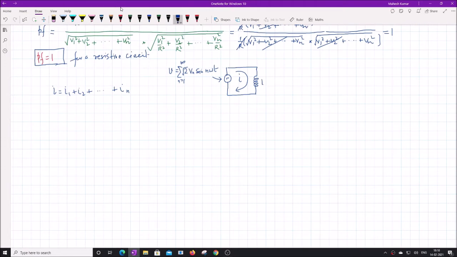Therefore, what is I1 in the form of phasor? I1 is nothing but V1 by j omega L. The impedance is j omega L. So this is V1 angle of 0 because it is the reference phasor, and this is omega L angle of 90 degree, and therefore this becomes V1 by omega L angle of minus 90 degree. And what about I2?